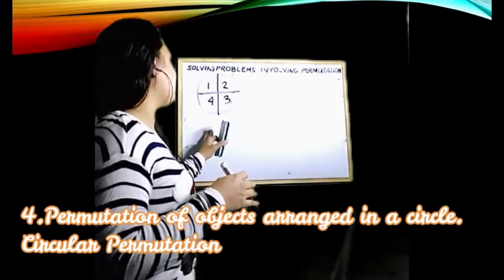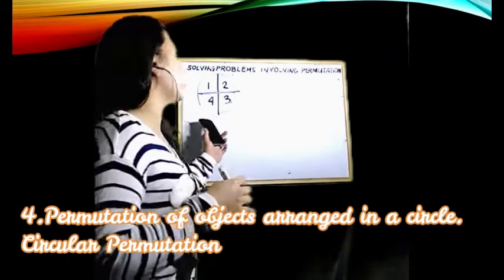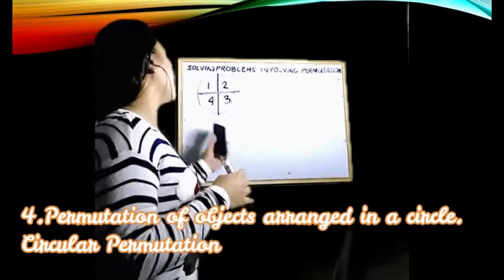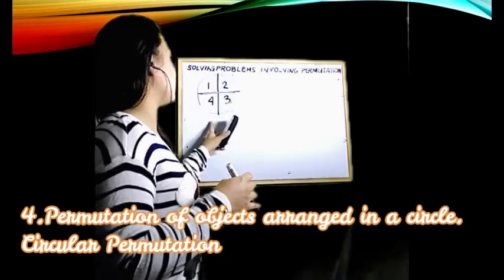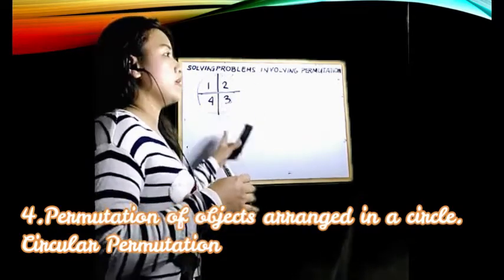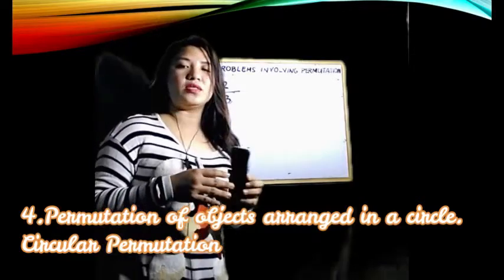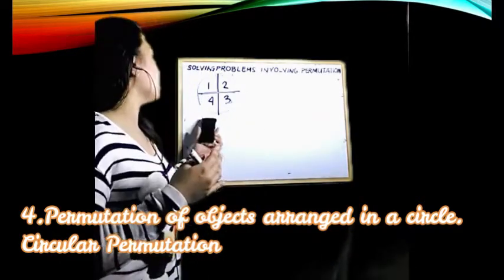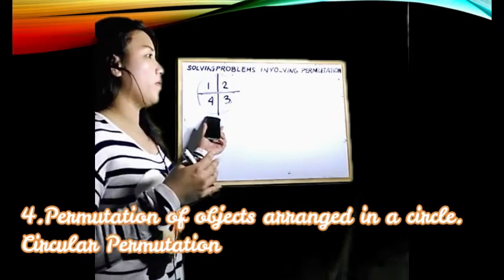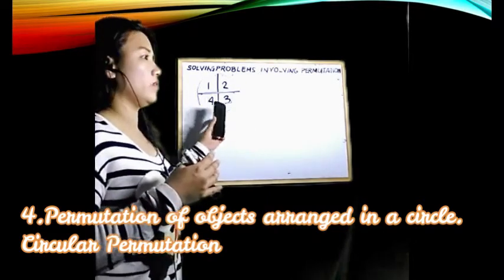Let's say, for example, I have here a circular tray. I got 4 appetizers and I would like to arrange 4 appetizers or 4 of its kind inside a circular tray. So the question is, how many possible arrangements that I can make with these 4 appetizers inside a circular tray?